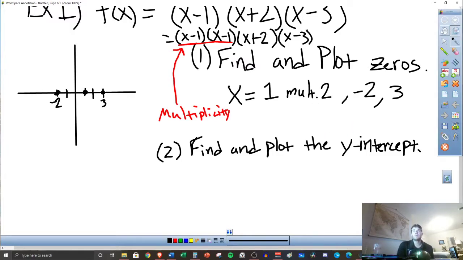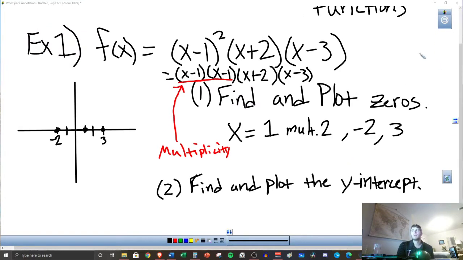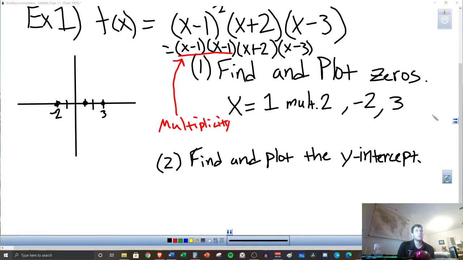Here's our function: x minus 1 squared times x plus 2 times x minus 3. How would I go about finding the Y-intercept? I want to hear your ideas for this, and we'll see if you get it correct. So go ahead and type up how you would find the Y-intercept of that function.